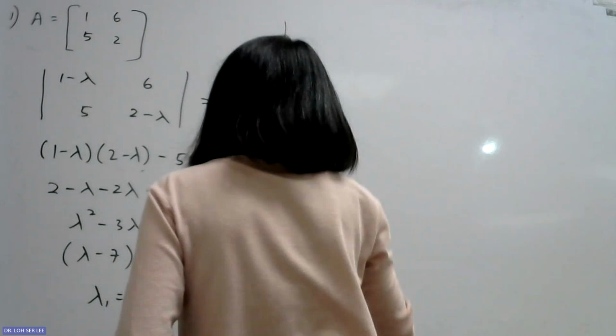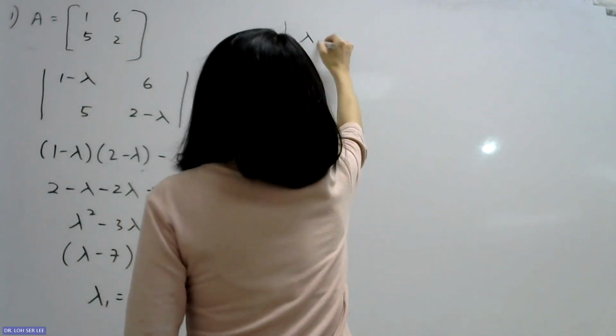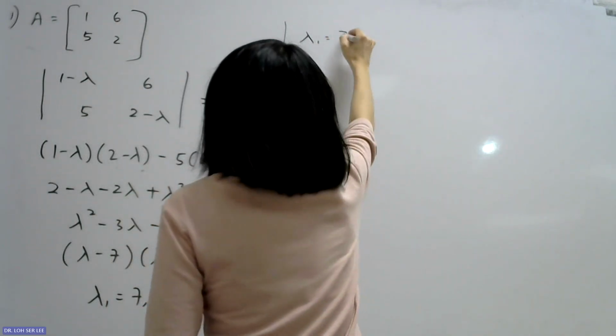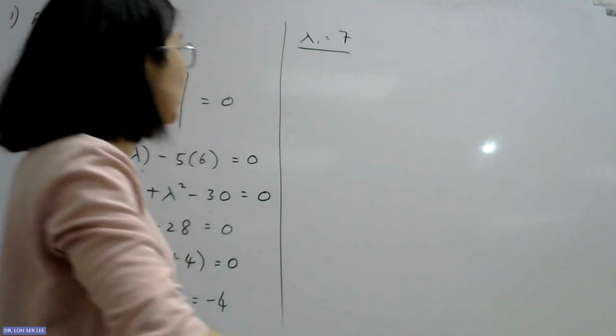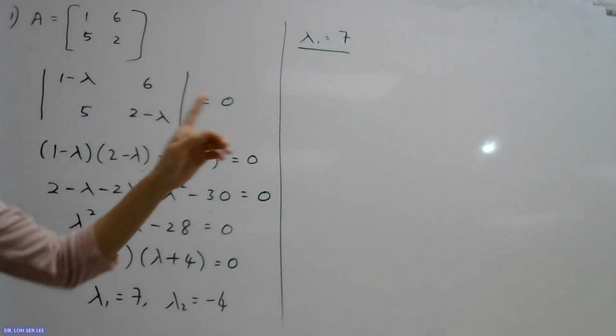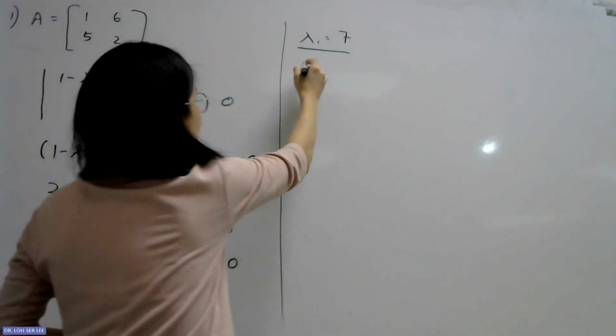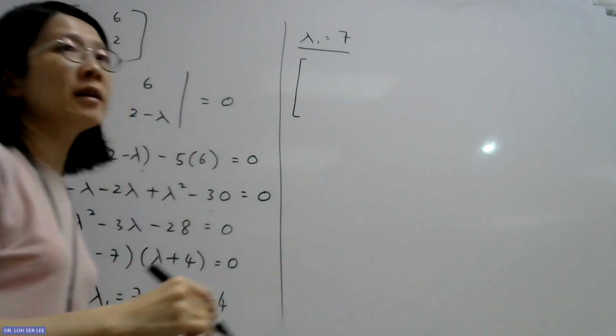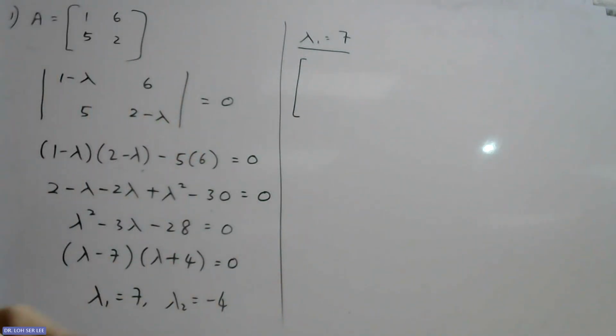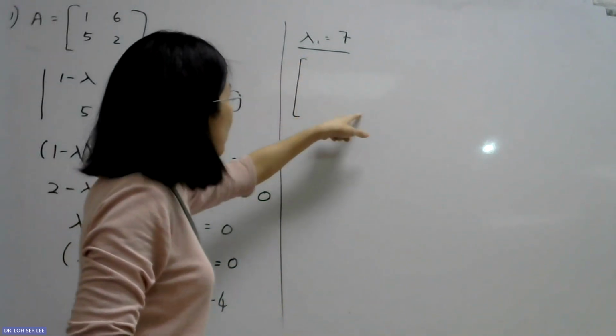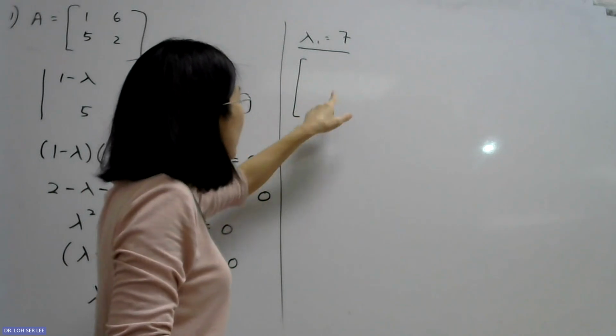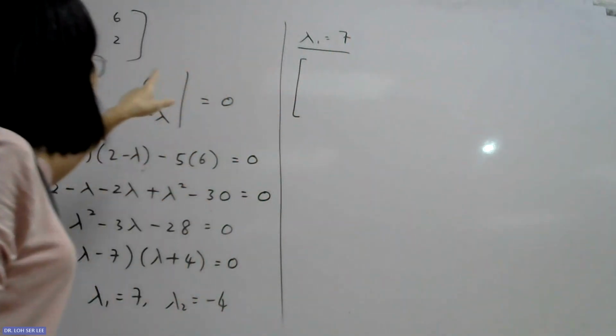Okay, next. Your lambda 1 is 7, so you form the augmented matrix. What is your matrix here? You substitute 7 into here.